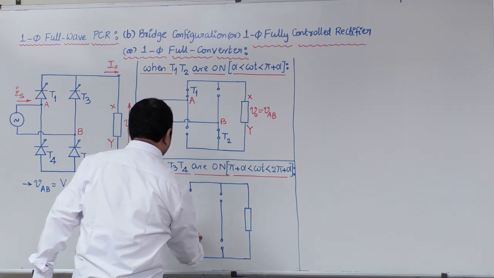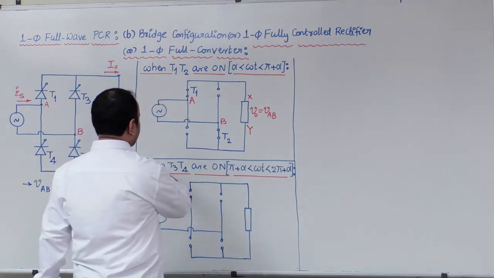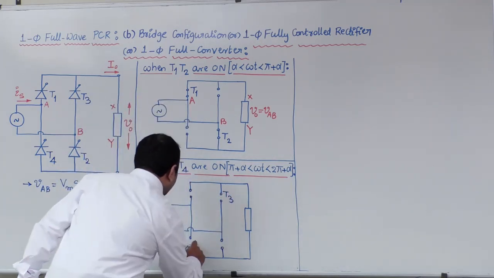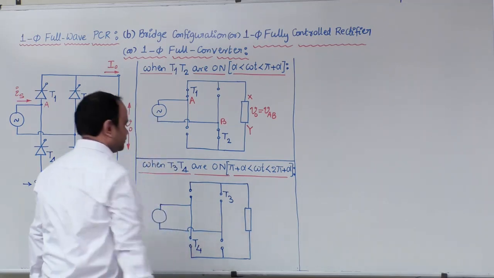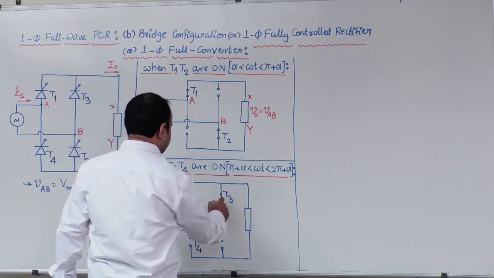Here this is the load and this is the source voltage. Now, what are the conducting devices here? T3 and T4. So you can close these two devices.